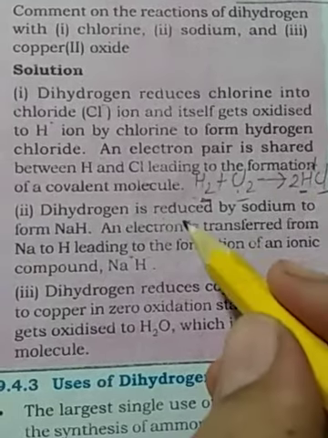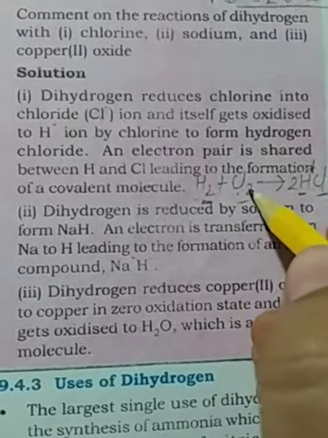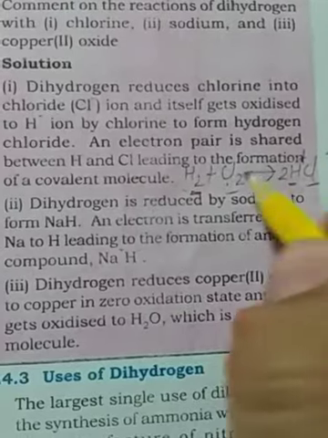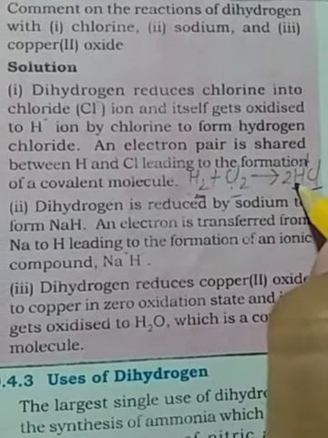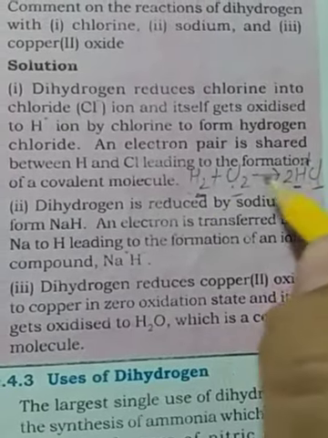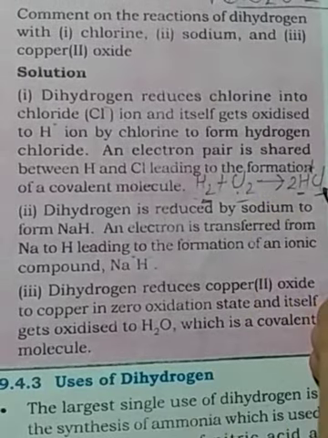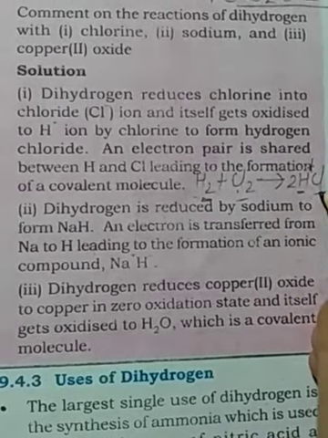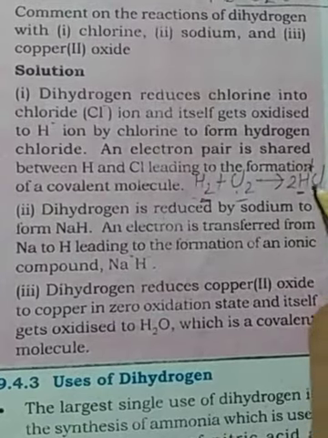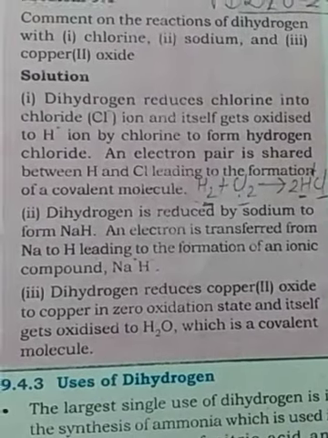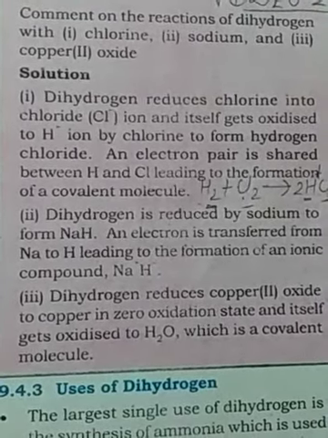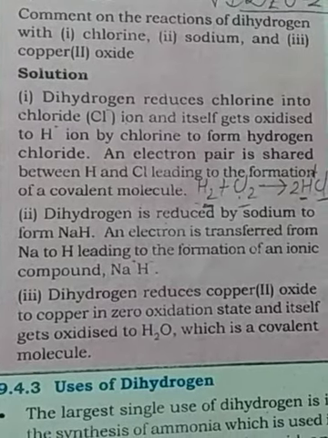Dihydrogen reduces chlorine into chloride ion and itself gets oxidized into the H plus ion, to form hydrogen chloride HCl, with an electron pair shared, leading to the formation of a covalent molecule.